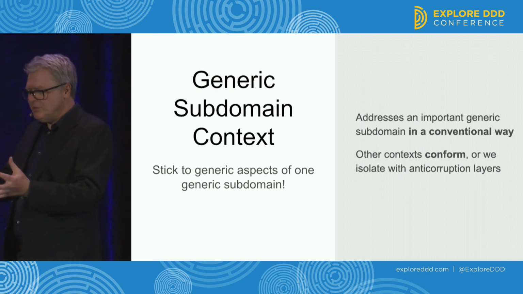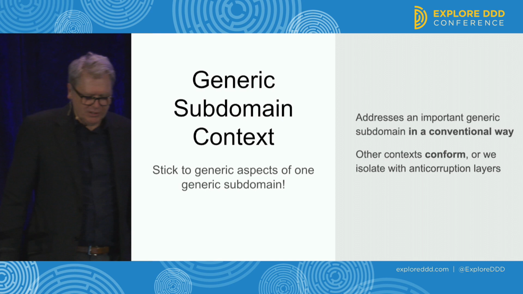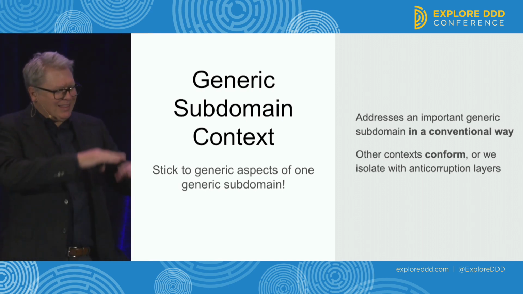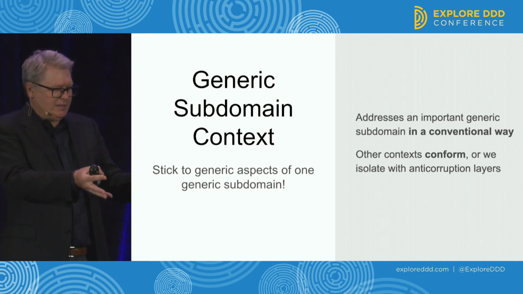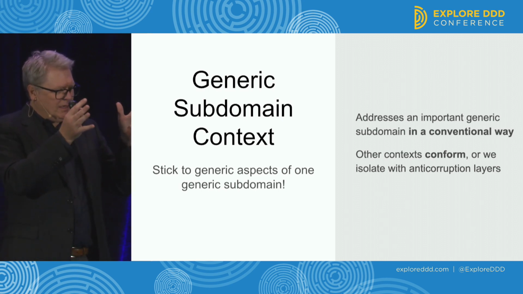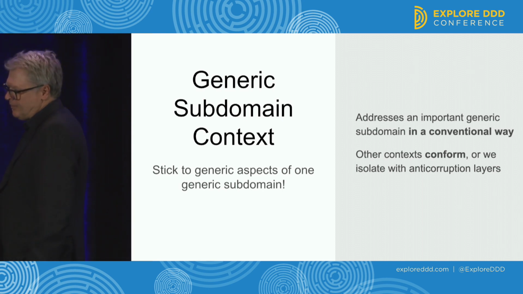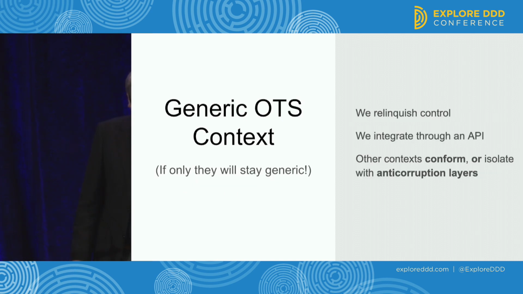So put it in its own context, and try to follow standard approaches as much as you can. Characterizing it as generic at the bounded context level lines it up with the subdomain very nicely, and you say, this tells you how we should approach work here. I like the idea of trying to make things a little clearer and easier that way.